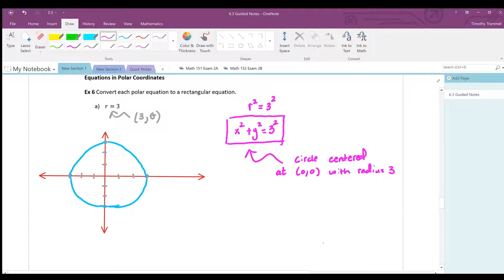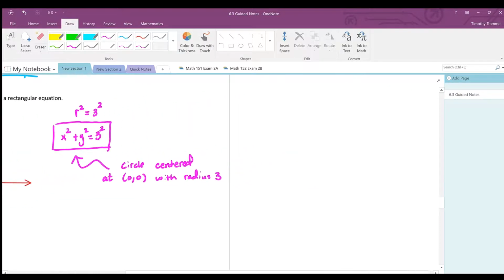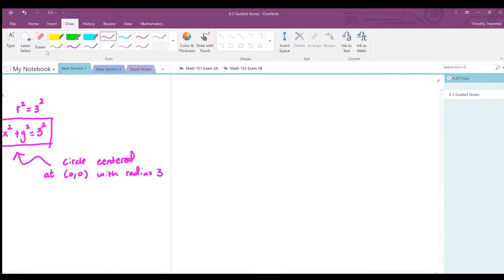Actually, before we try one more example, let me just write one thing down here, just in case you don't remember.